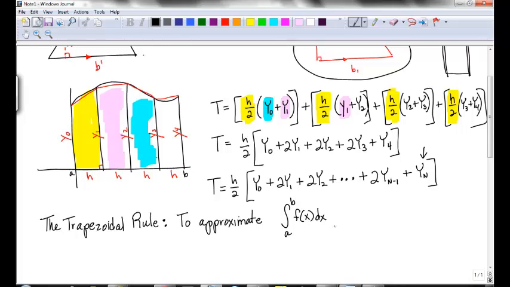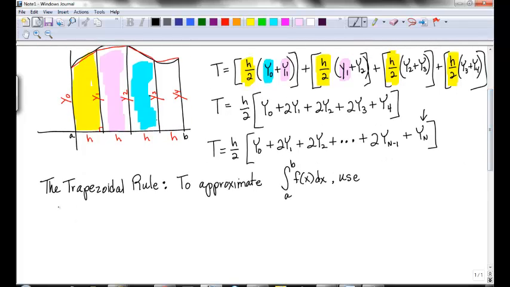Use T equals, now just repeat that rule, h over 2 times the quantity y sub 0 plus 2y sub 1 plus 2y sub 2, then plus dot dot dot plus 2y sub n minus 1 plus y sub n, and close the brackets.